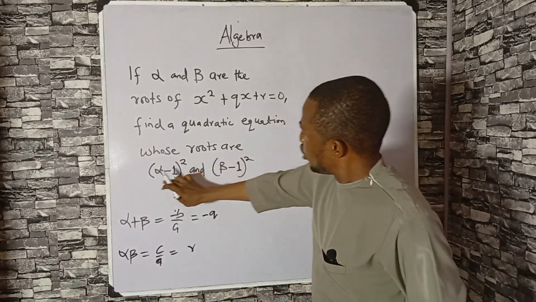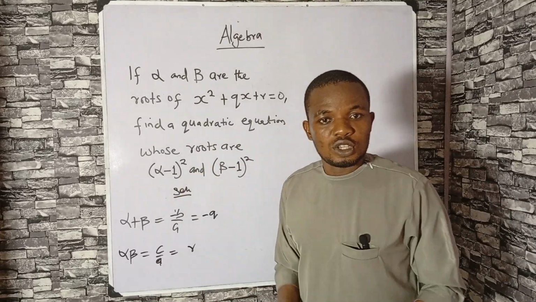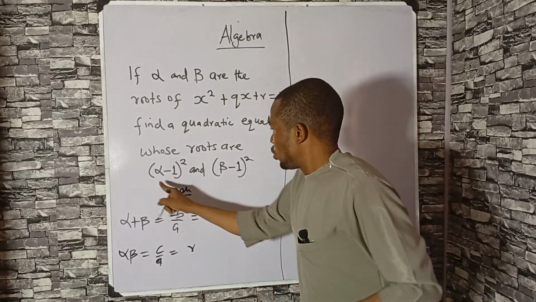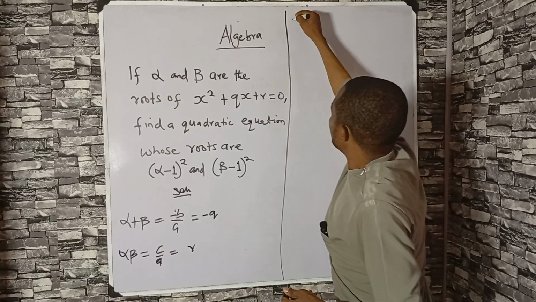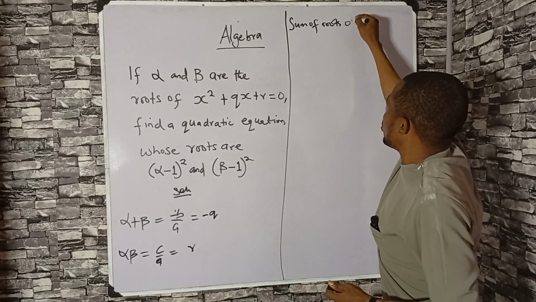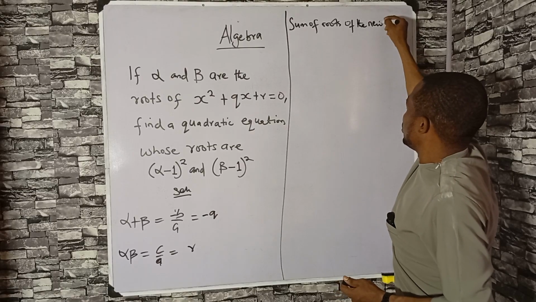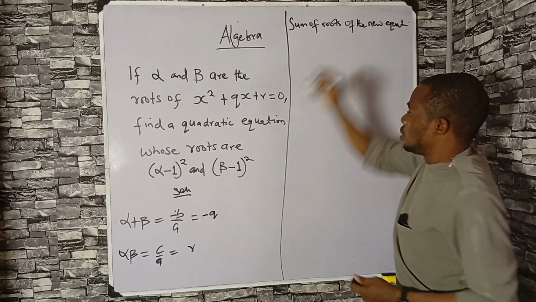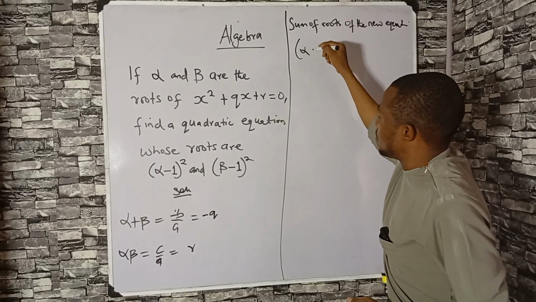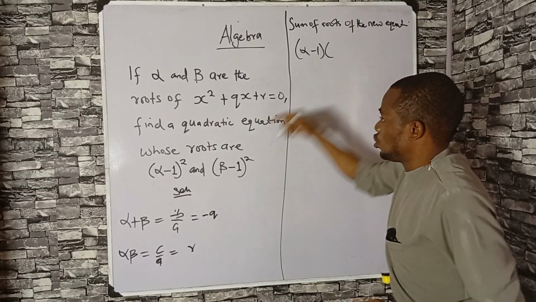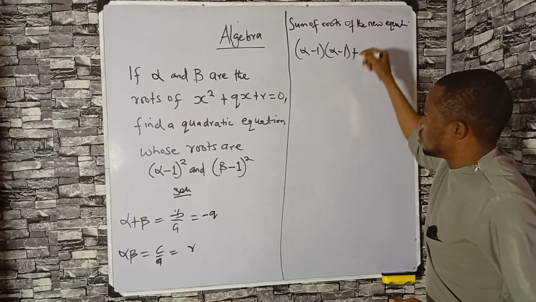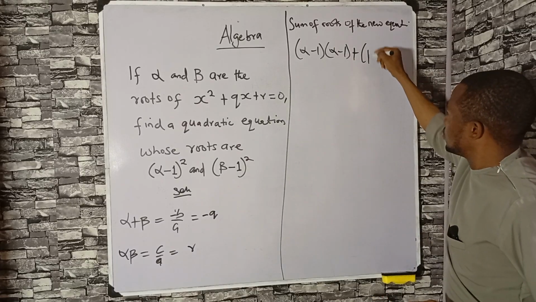Now we are going to consider the proposed equation, the equation that we're going to derive. When you add the roots, so the sum of roots of the new equation, you add this, so you have alpha minus this, you know this is squared, so you keep the bracket, plus this.